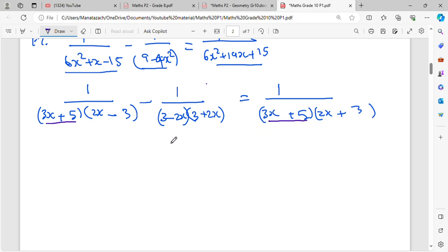They are the same. So here you have 2x minus 3, which we can manipulate to look the same as this factor here, and then this factor 3 plus 2x is the same as 2x plus 3. So let's just change this one. Let me show you how you go about that.